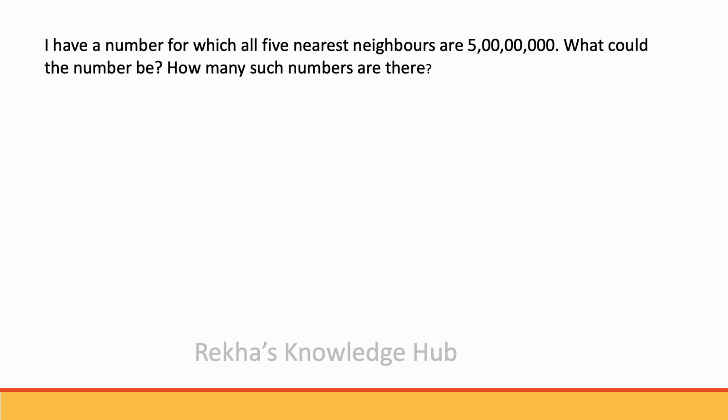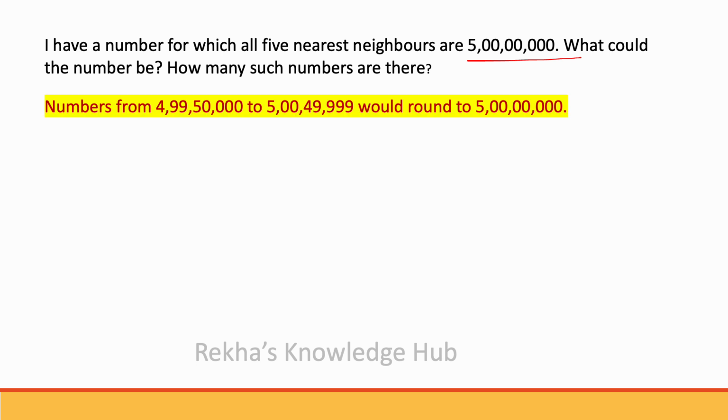I have a number for which all 5 nearest neighbors are 5 crore. What could the number be? How many such numbers are there? Numbers from 4 crore 99 lakh 50,000 to 5 crore 49,999 would round to 5 crore.